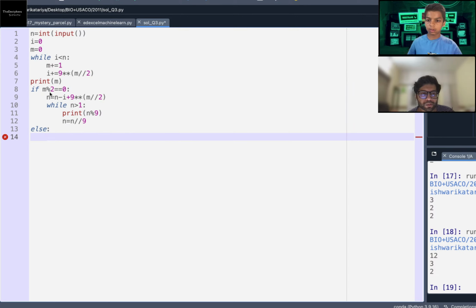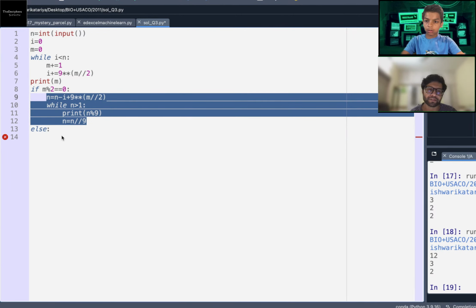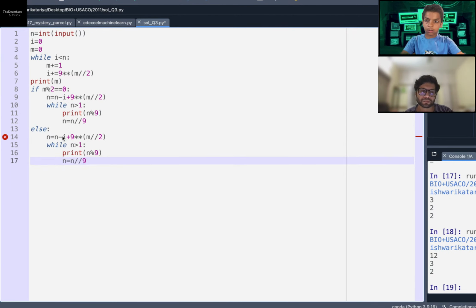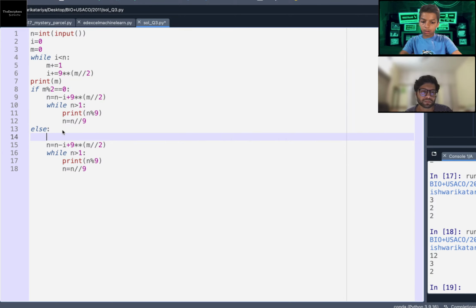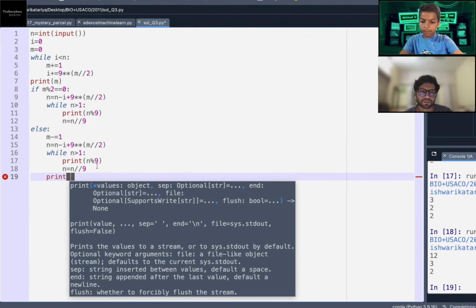Okay. You also need to reduce m by 1, right, if we have printed 5. Right. So m minus 1 and print out 5.